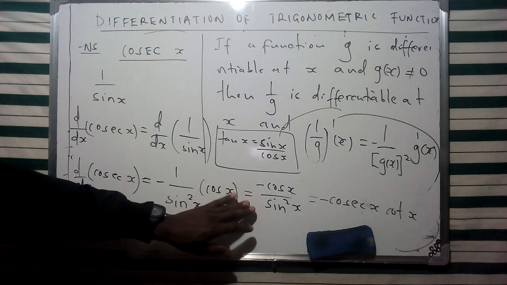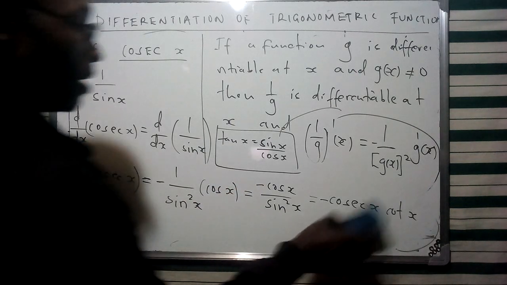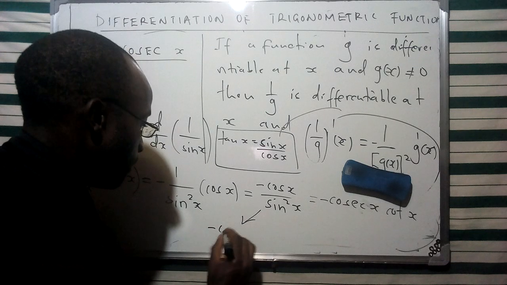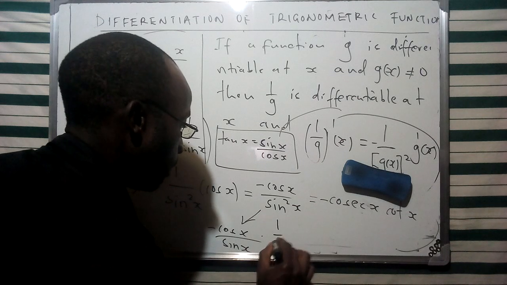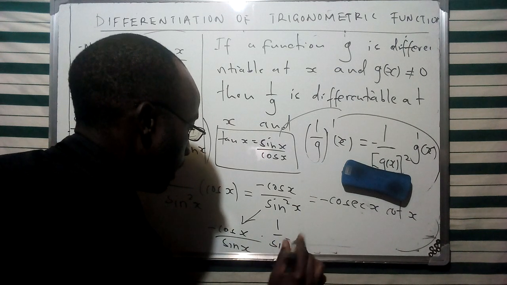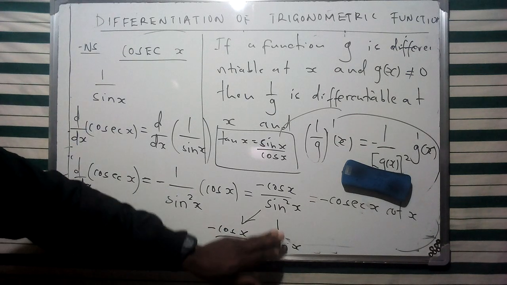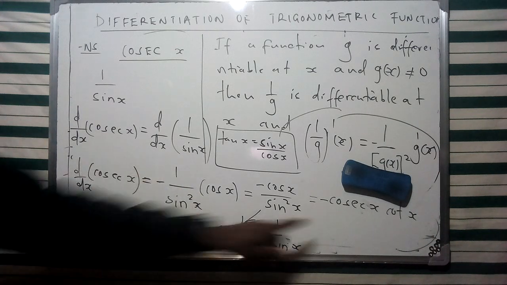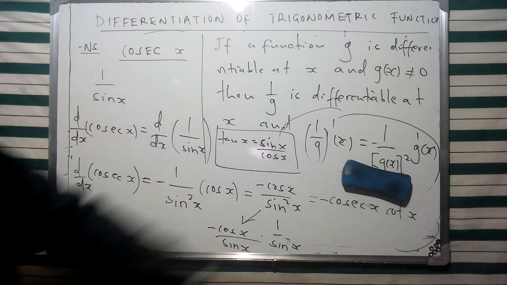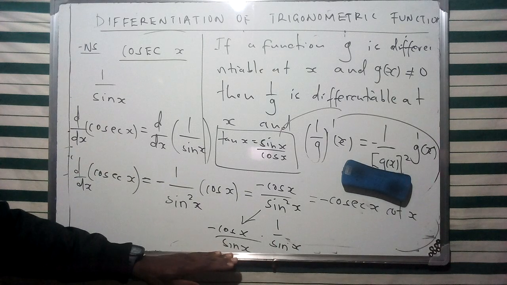So we split the expression so that we have negative cosine x over sine x, times 1 over sine x. The ratio 1 over sine x represents the cosec, appearing in the first part of this product, and since it was negative, it's negative cosec x.